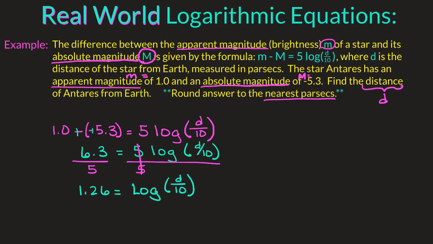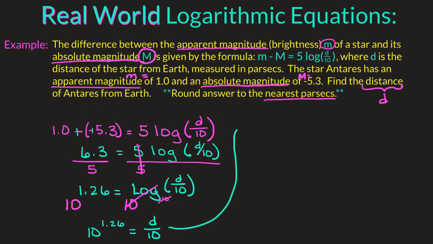The only way to get rid of the log is to exponentiate both sides by the base of the log. Our base of the log is not written, but it's understood to be a 10. So we're going to exponentiate using 10 on both sides. So now we have the 10 and log base 10 cancel, giving us 10 to the 1.26 power equals d divided by 10.